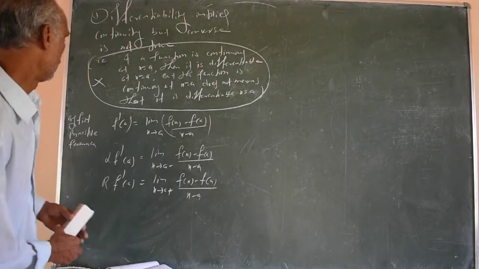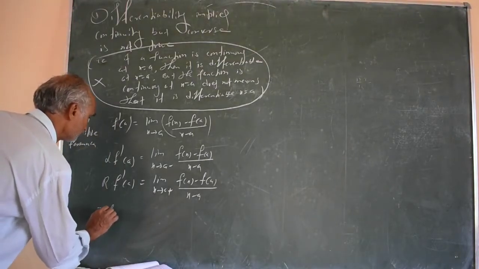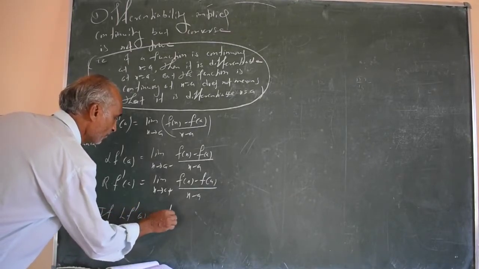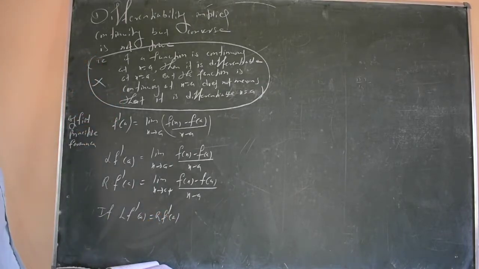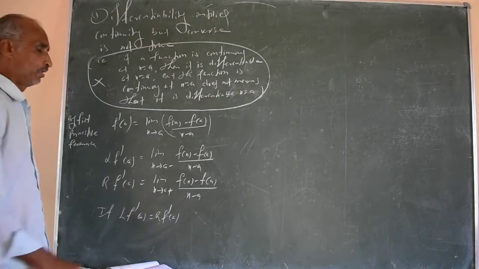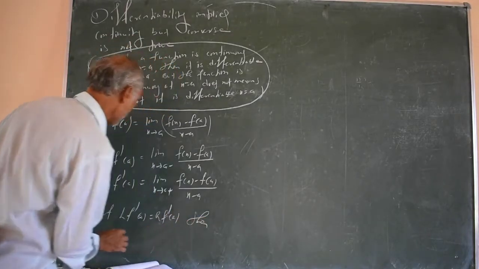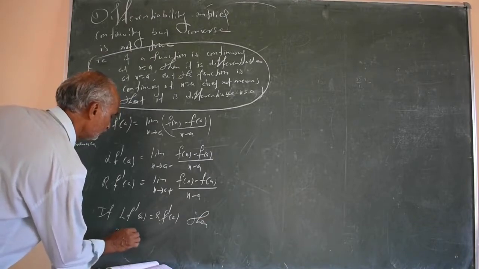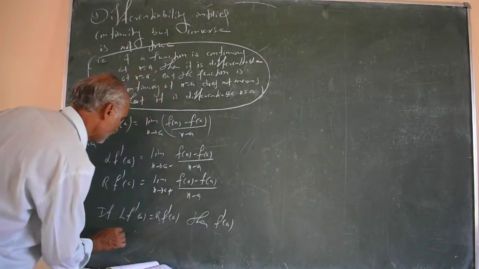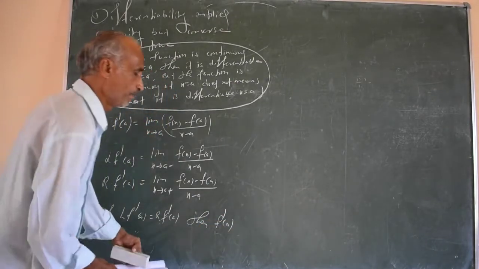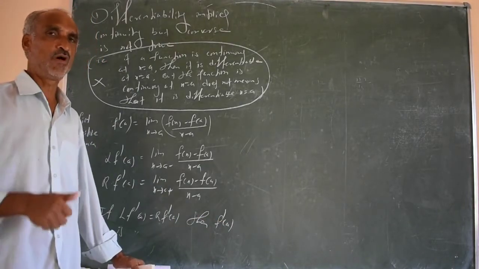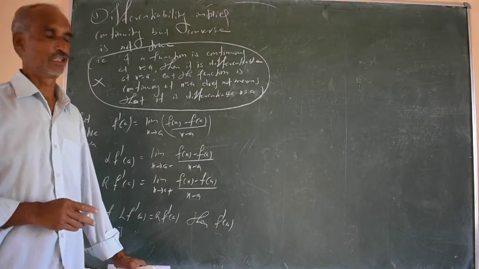If L f dash of a is equal to R f dash of a, then the derivative f dash of a is said to exist. f dash of a is the derivative of f of x at x is equal to a.